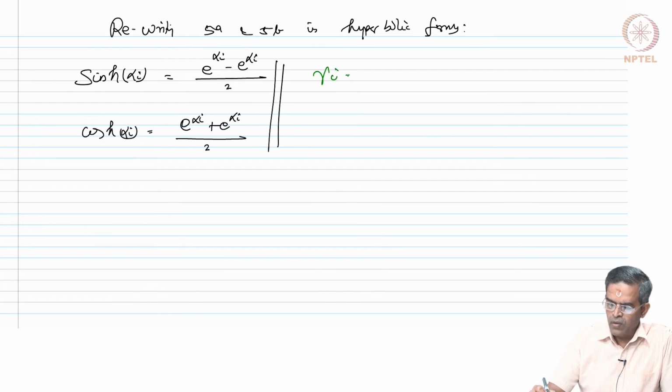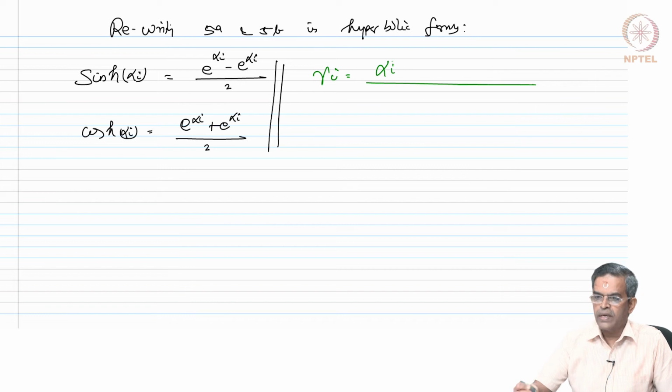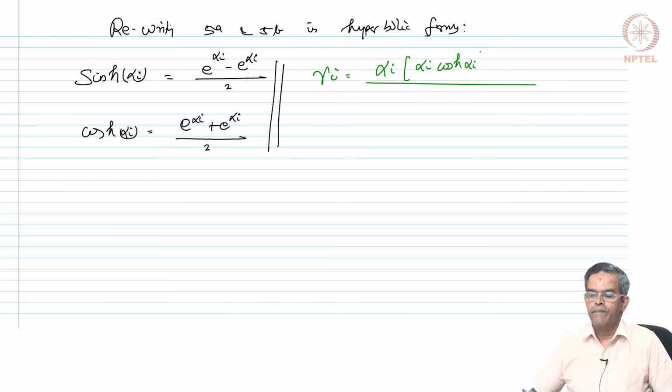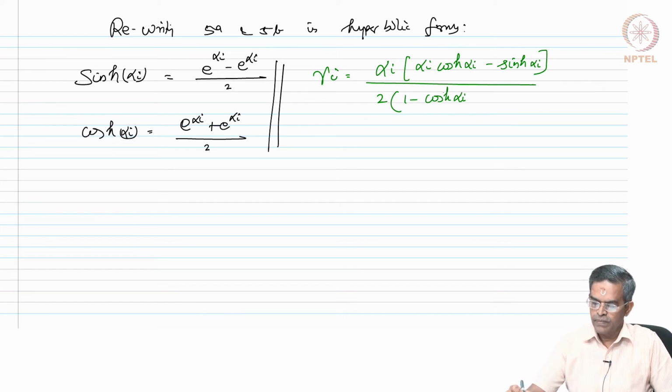So, Ri now becomes alpha I times of alpha I cos hyperbolic alpha I minus sin hyperbolic alpha I by twice of 1 minus cos hyperbolic alpha I plus alpha I sin hyperbolic alpha.